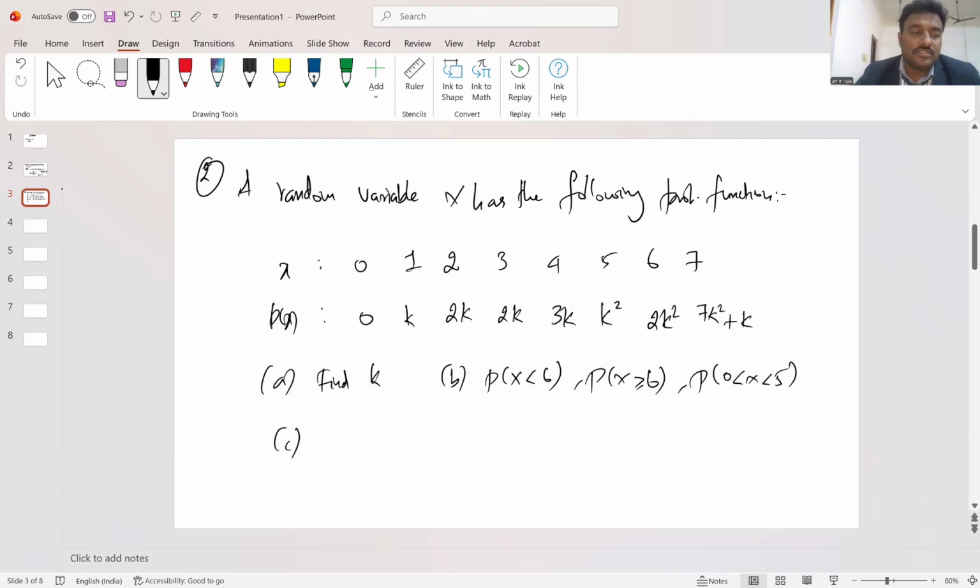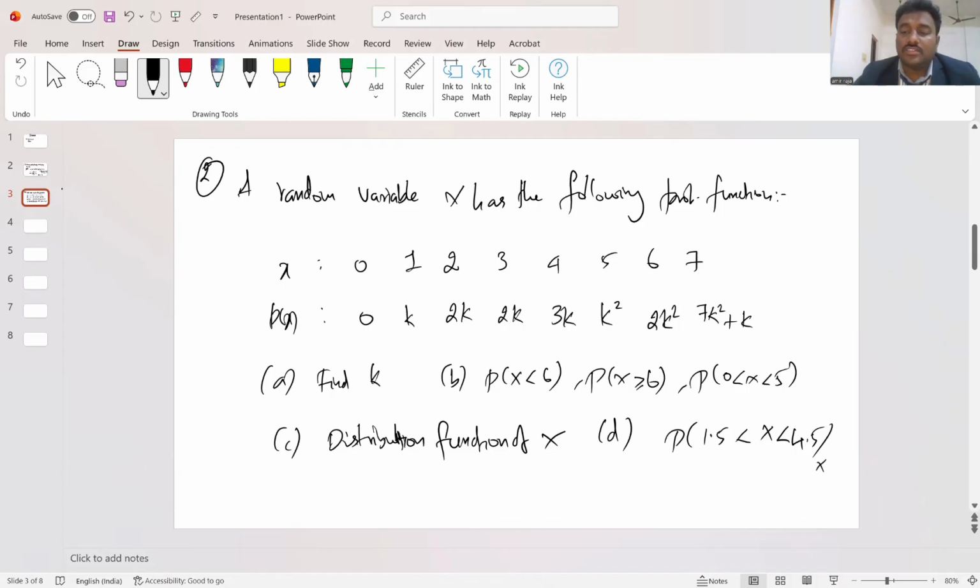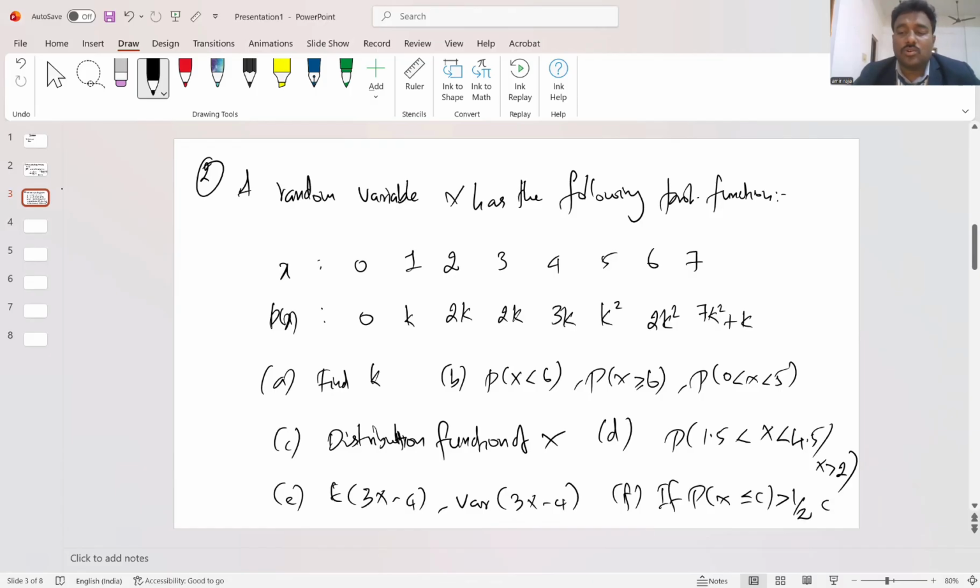And option C is the distribution function of X. Option D is P of 1.5 less than X less than 4.5 with a condition X greater than 2, and expectation of 3X minus 4, variance of 3X minus 4, and the last one is, if probability of X less than or equal to C is greater than 1 by 2, then what is the minimum value of C?